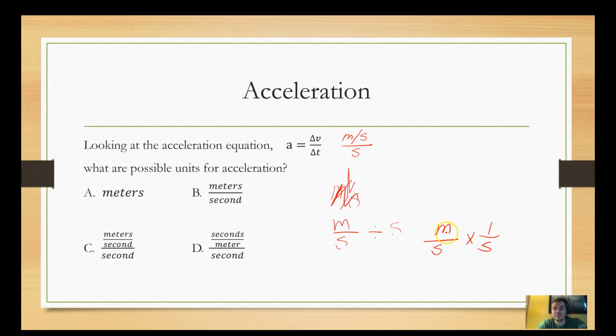So we have meters divided by seconds times seconds. That whole quantity, seconds times seconds, or meters per second per second, we generally write as meters per second squared. This is indicating that we are measuring how much our meters per second rate changes per second. That would be our units for acceleration.